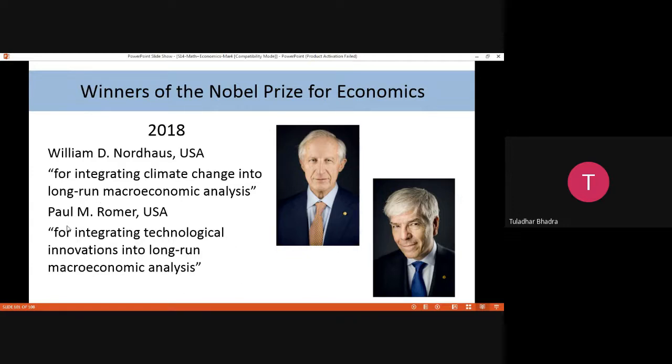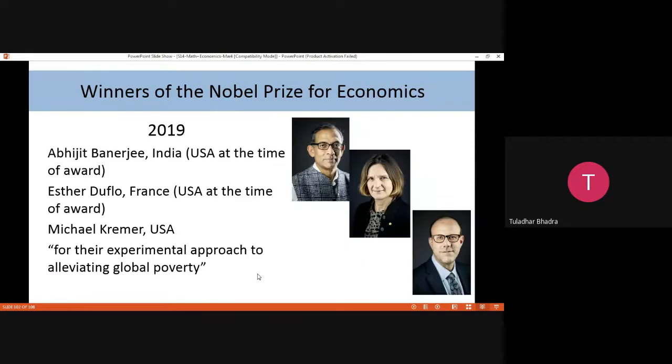And another was Paul Romer, USA, for integrating technological innovation into long-run macroeconomic analysis. Then 2019: Abhijit Banerjee, from India, who was in USA at the time of the award, and Esther Duflo, France, USA at the time of the award. So this is the second lady who got the Nobel Prize. Michael Kremer, USA, for their experimental approach to alleviating global poverty.